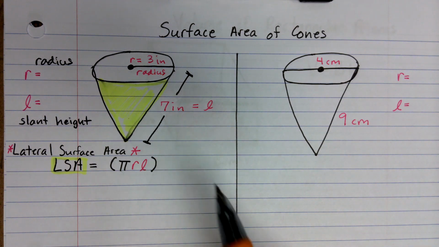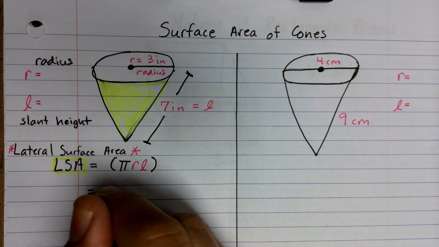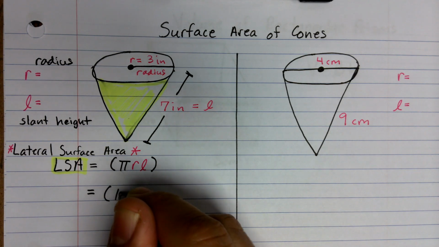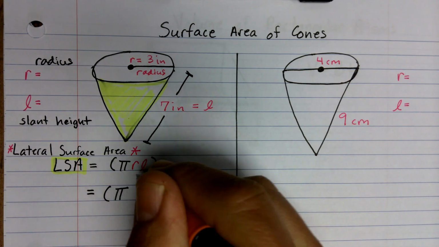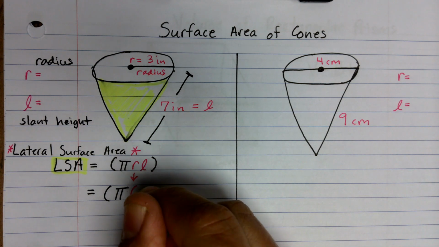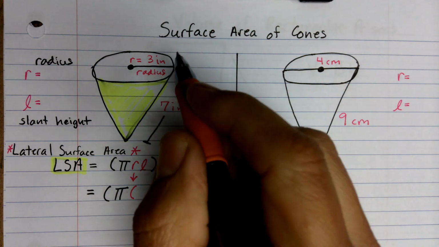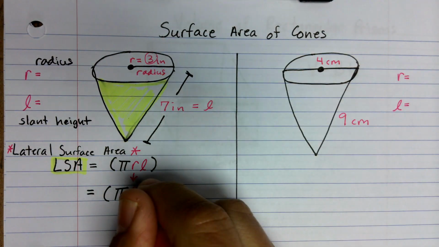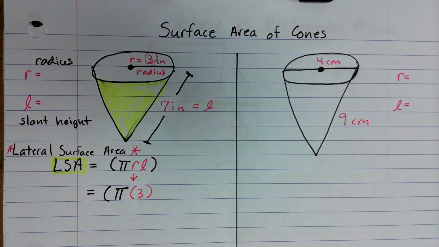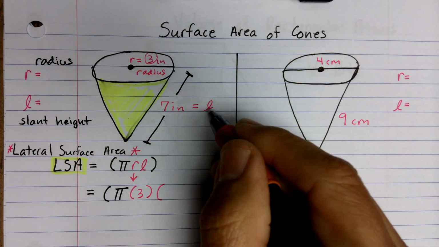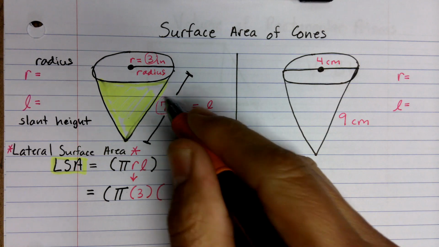So with that in mind, let's go ahead and substitute these values and see what we get on this first one. So for instance, this is going to be equal to pi times the radius. So I'm going to put a set of parentheses, and the radius is 3 on this one, times L, which is our slant height, which in this case is 7.